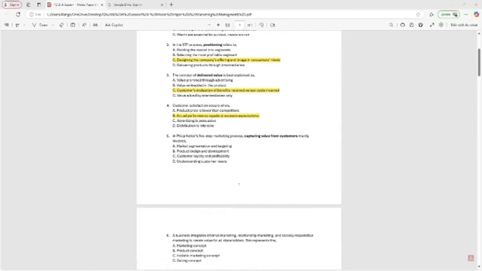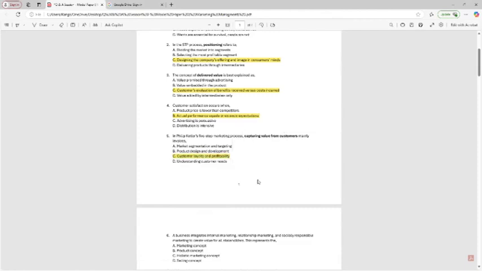So the answer is create profit and customer equity. The correct answer is number C, customer loyalty and profitability. So that is the answer.